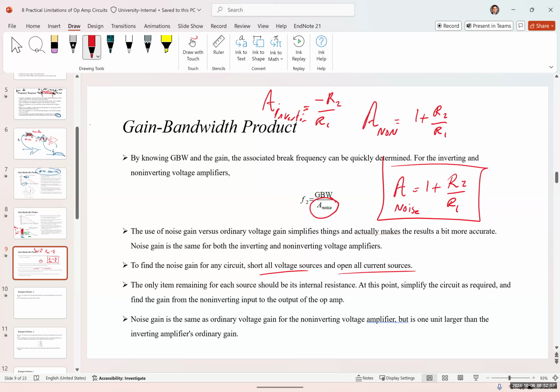And as I mentioned, the noise gain is the same for non-inverting and inverting amplifier. The only item remaining for each source should be its internal resistance. At this point, simplify the circuit as required and find the gain from the non-inverting input to the output of the op amp.